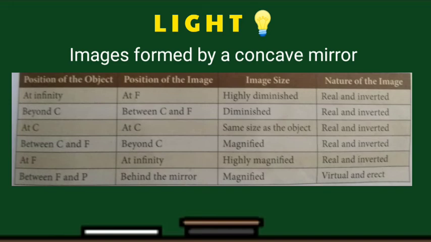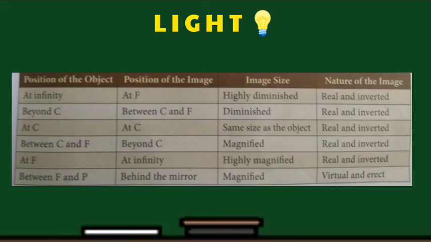Nature of the image is real and inverted. Next, if the position of the object is at C, then the position of the image is at C. Size of the image is the same size as the object. Nature of the image is real and inverted.